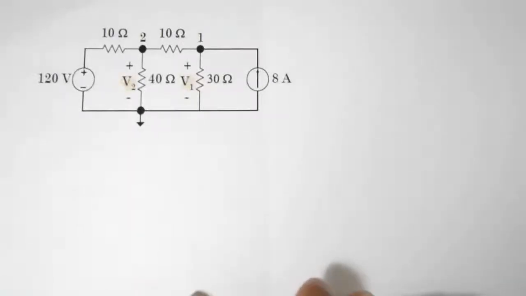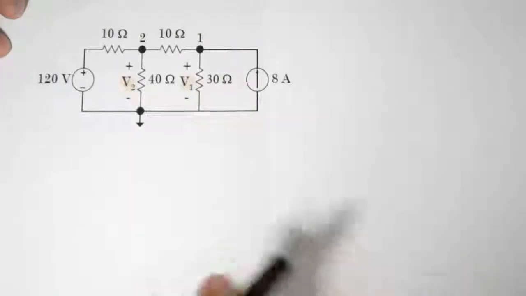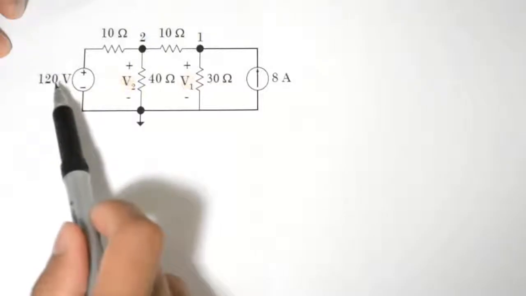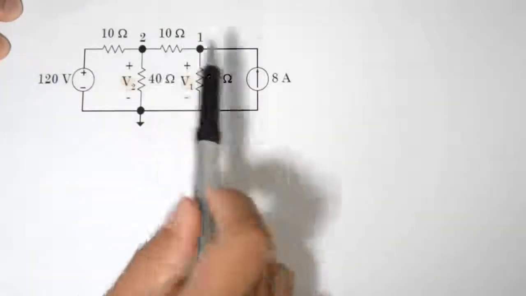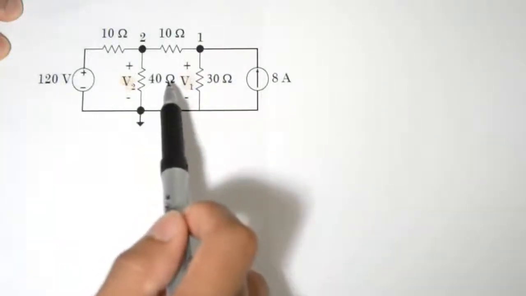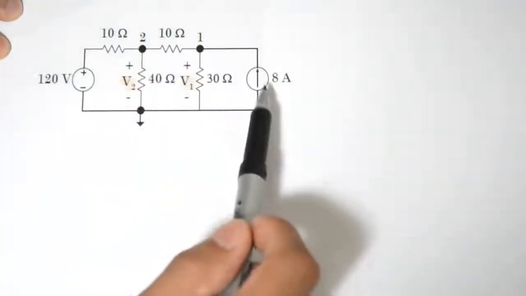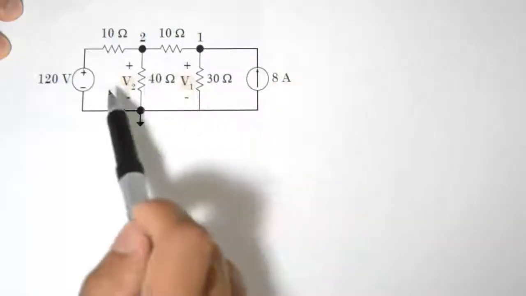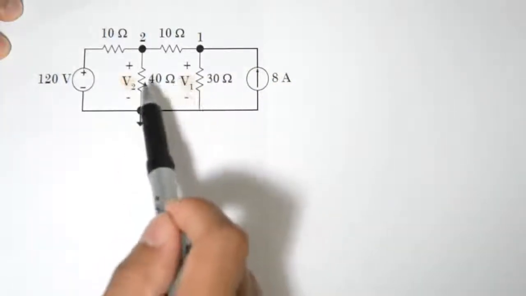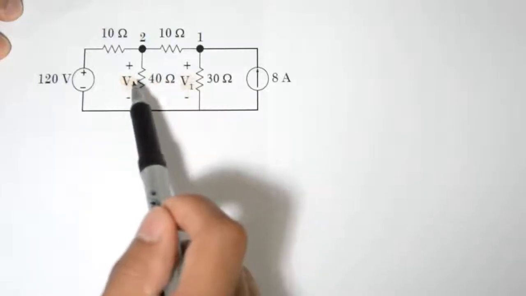Okay, so we have a circuit here. We have 120 volts as our voltage source, 10 ohms resistor, 10 ohms resistor, and 40 ohms resistor, 30 ohms, and 8 amperes going up into this node. So we're given to find the voltages V1 and V2, which is here.